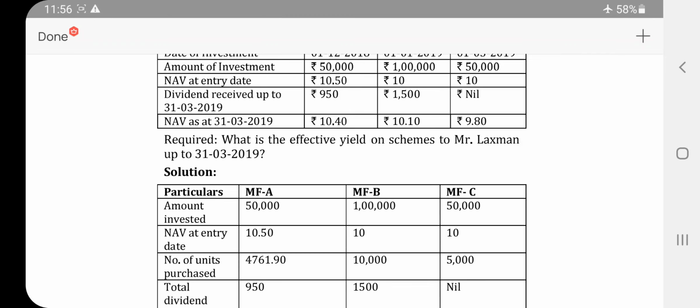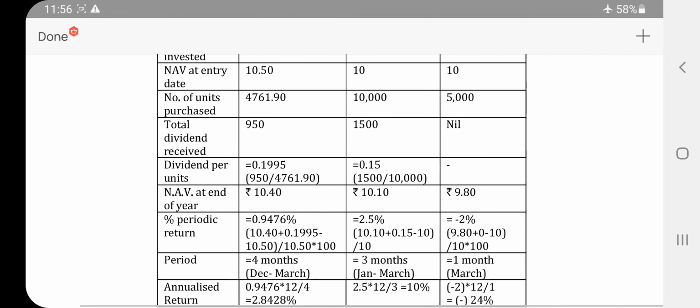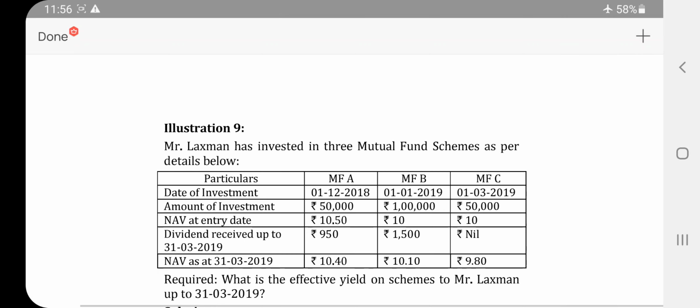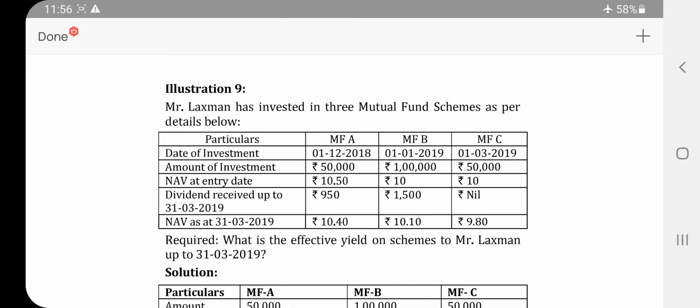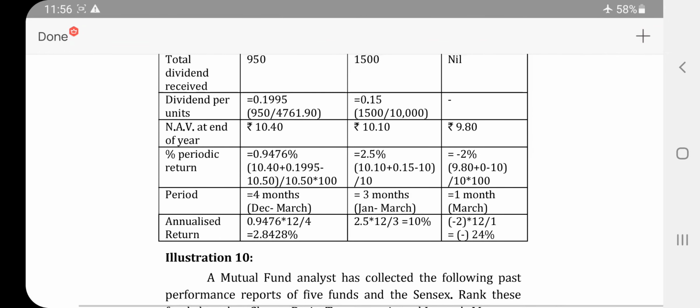The date of investment is 1/12/2018. So up to 31st March 2019 it will be around 4 months: December 1 month, Jan, Feb, March, so 3 months and 1 month. So the total period is 4 months for mutual fund A.